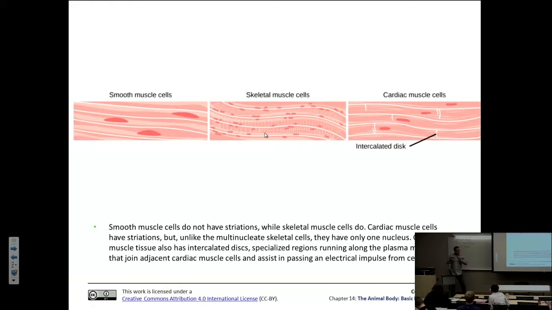So we're going to look at, and I'm going to have you remember this simple structural element called the sarcomere. It is the unit of function. And anytime you hear something that begins with sarco, think of muscle.